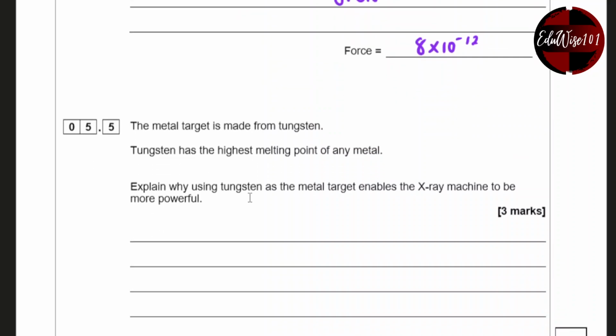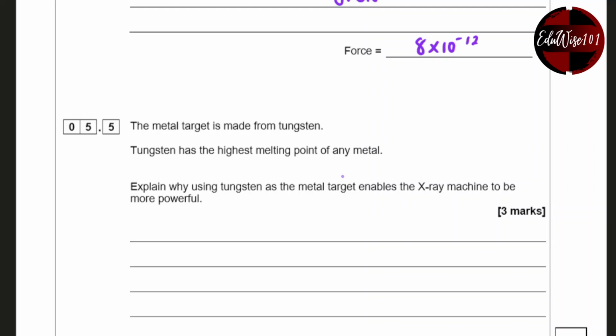The metal target is made from tungsten. Tungsten has the highest melting point of any metal. Explain why tungsten as the metal target enables the X-ray machine to be more powerful. Because tungsten has a much higher melting point, if you use metals like copper, it will melt at a much lower point. That means the metal is not going to produce X-rays.